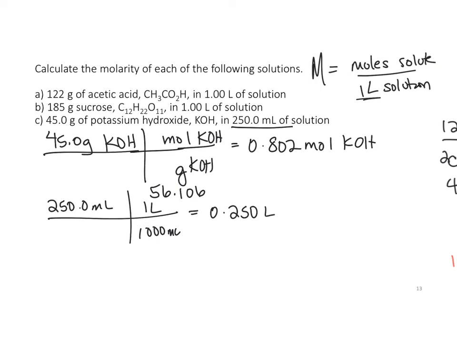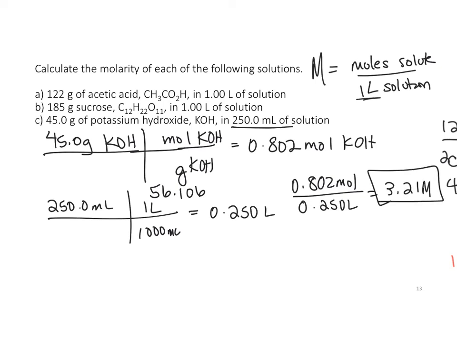Now I can take the 0.802 mole KOH divided by 0.250 liter, and that gives me 3.21 molarity. So that is the answer.